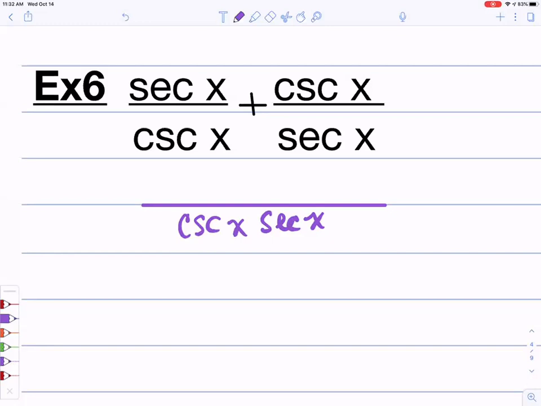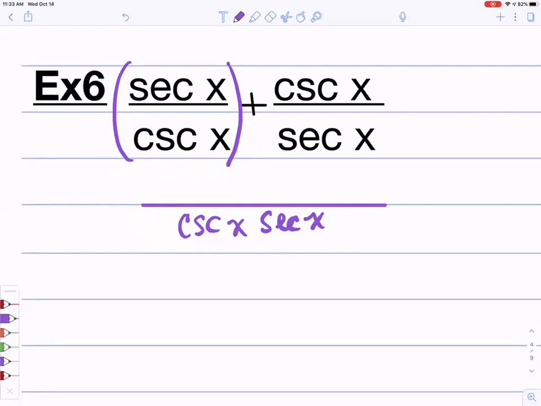Now just to remind you how to add and subtract fractions and get a common denominator, what do you have to multiply this fraction by so that your old denominator matches your new denominator? I'm not going to multiply by the new denominator, no. Secant over secant. Why is that legal?